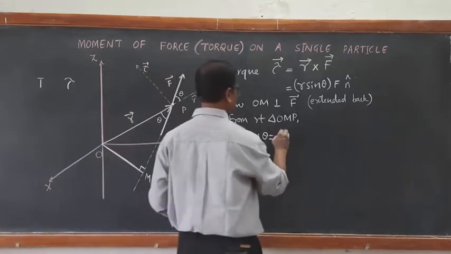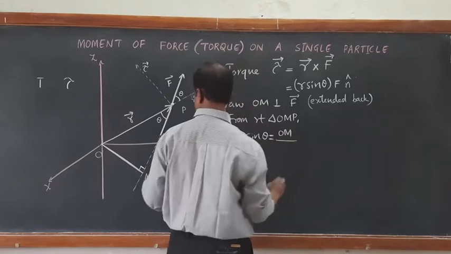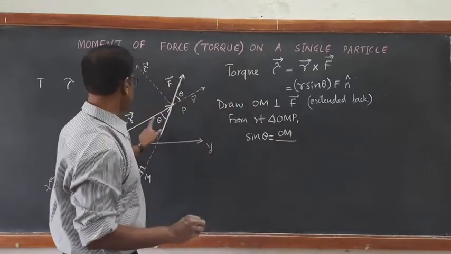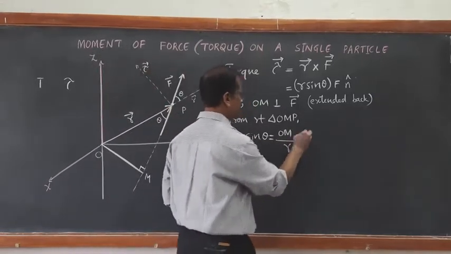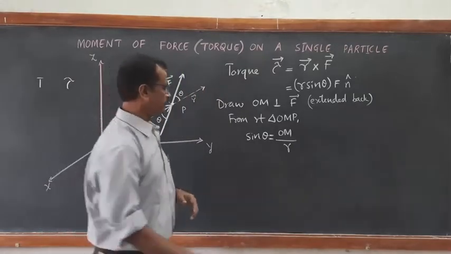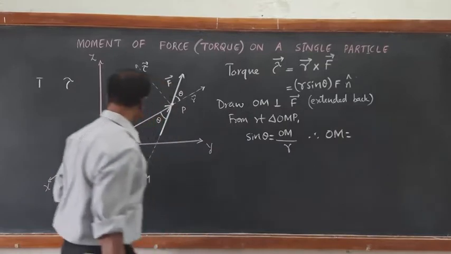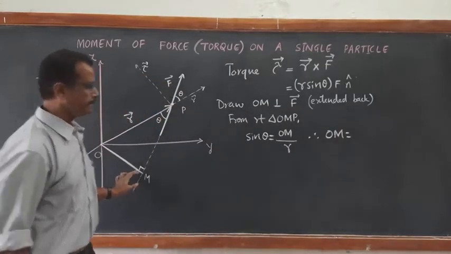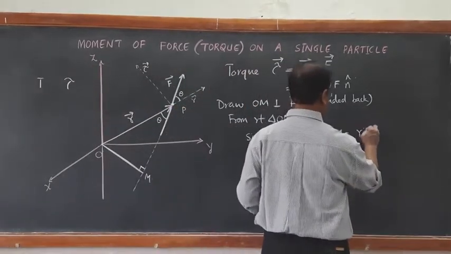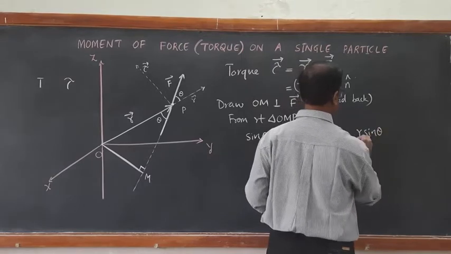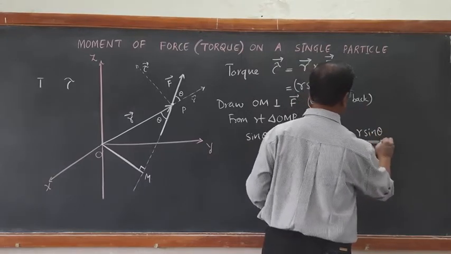Opposite is OM. Hypotenuse is magnitude of R, which can be written as just R. Therefore OM, which we wanted, this perpendicular distance OM, is equal to R sin theta. Yes, OM is equal to R sin theta.